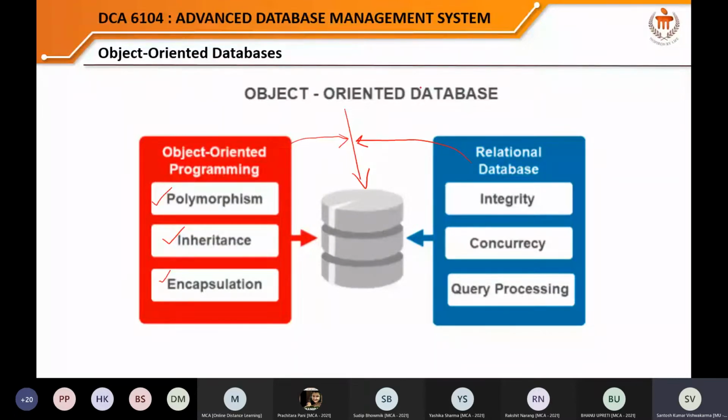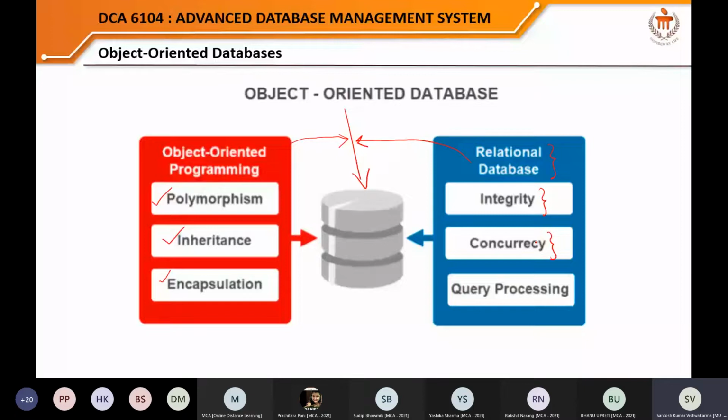Now, very important, coming to the right side, relational databases. All the way from the very beginning you have been taught about relational databases. So we work with integrity, either domain integrity, key integrity or referential integrity. We need to have all the features that are a must for maintaining databases. We also look at the various issues with concurrency, because no one wants the system to support only one transaction or one process at a time. We want multiple processes, multiple transactions.